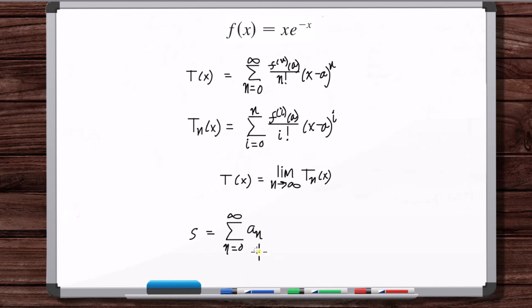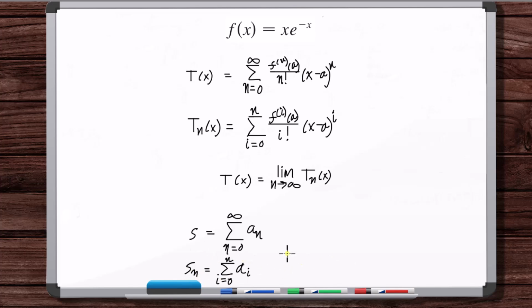As long as you had an a sub n, you could always write the partial sum s sub n by changing the n to i and putting n at the top.